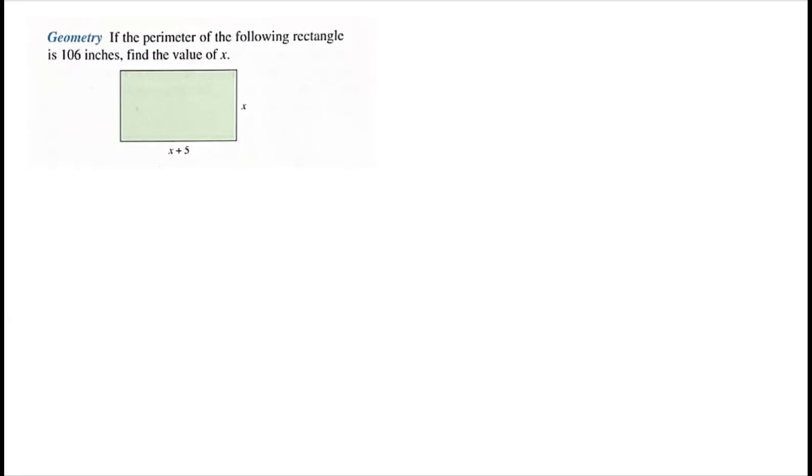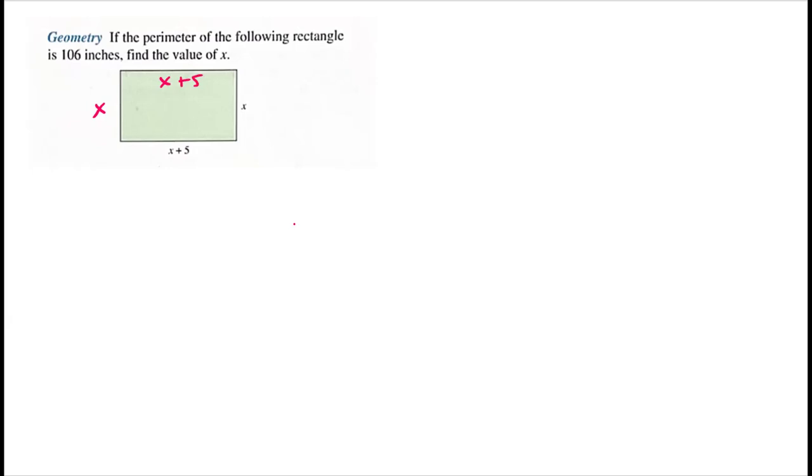If you play basketball, you talk about shooting around the perimeter, so around the basket. So that's what perimeter is, the distance around it. If this is a rectangle, and this is x on this side, this is also x on this side, correct? And this is x plus 5, then the top here is also x plus 5, right?